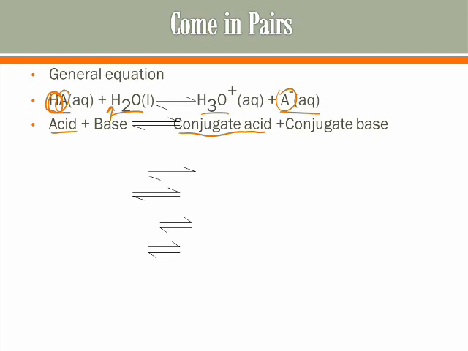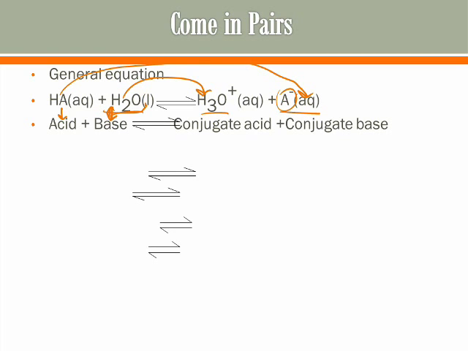So the acid becomes the conjugate base because it lost the proton. So this is the acid, and this is the base. The acid gave the proton, and the base takes the proton. And the thing that takes the proton is now, after it takes the proton, a conjugate acid. And the acid, after it gave the proton away, is the conjugate base.